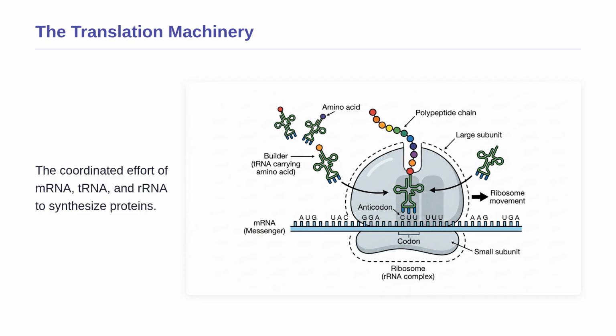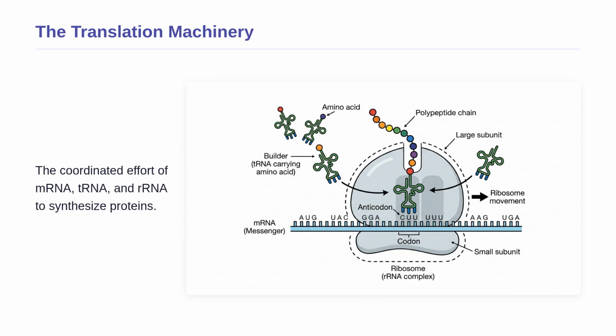Let us bring all these RNA types together in this diagram of the translation process. The long horizontal strand is the messenger RNA, carrying the instructions. The large structure clamped around it is the ribosome, made of ribosomal RNA, which acts as the factory floor.